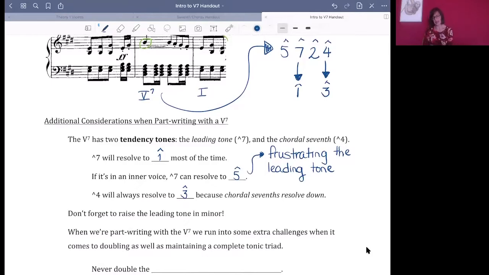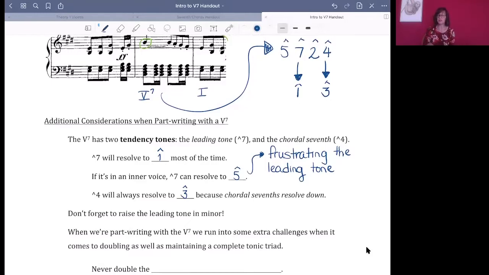Now, so there's our 5/7. I'm going to take our 2 tendency tones, 7 and 4, and I'm just going to play them. What do your ears tell you about that? What we have there, on top of everything else, is a really dissonant interval. So the 7th is dissonant against the bass. But we also have this dissonant tritone in the middle of the harmony between 7 and 4.